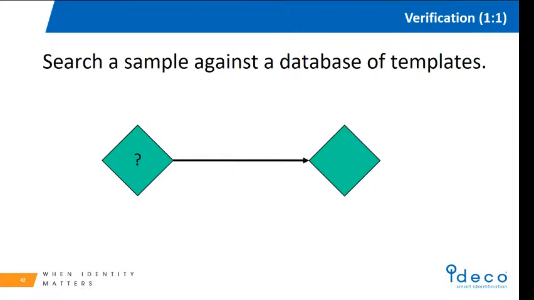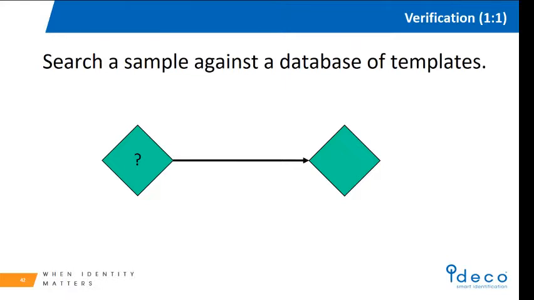With verification, I may be presenting a card. Maybe my fingerprint or other biometric is on the card. So I put the card against the machine, it reads the biometric, and then wants me to present that biometric to the machine just to check that I am who I say I am. So that my fingerprint actually matches the one on the card, and it's not somebody that's using my card. So on verification, if someone takes my card, presents it to a machine, and then puts their fingerprint, obviously it won't work.